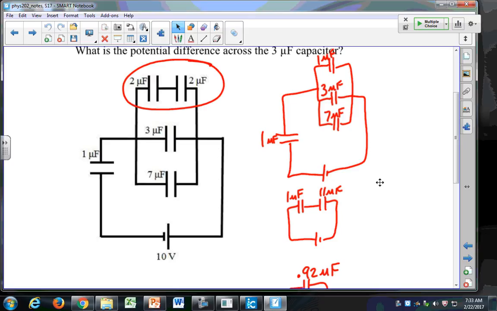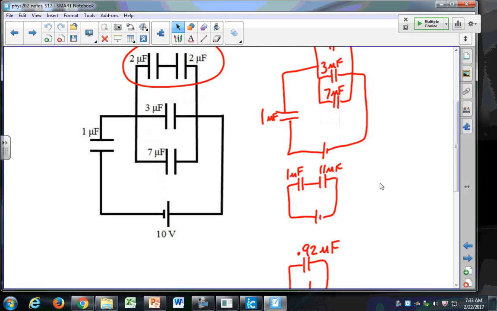So now the question is asking, what is the potential difference across the 3 microfarad capacitor? Let me say in words what we're going to do, and then we'll do it with the numbers. My first thing I want to do is find the charge on this capacitor, because I know capacitors in series have the same charge. They also have the same charge as their equivalent capacitor. So whatever charge I have here, I also have here, and I have here.